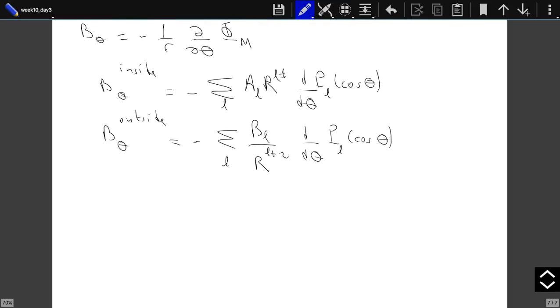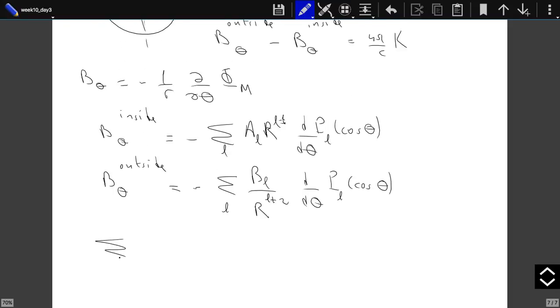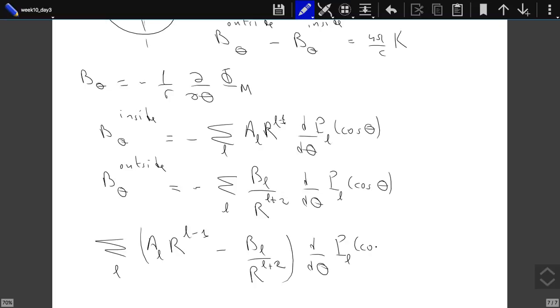So if you just take the difference, you get sum over L, A L R to the power L minus 1 minus B L over R to the power L plus 2 times d by d theta of P L of cosine theta.